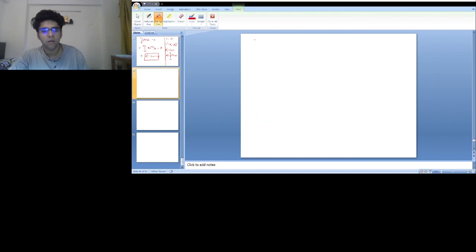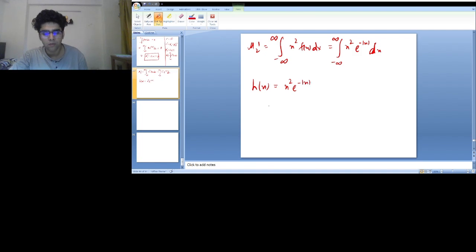So this second moment was the integral from minus infinity to infinity of x square f(x) dx, so this was x square e to the power minus mod of x dx from minus infinity to infinity. I'm defining a new function, h(x), which is x square e to the power minus mod x. If I substitute a negative x in place of x, this gives me the square of negative x, and e to the power minus mod x.